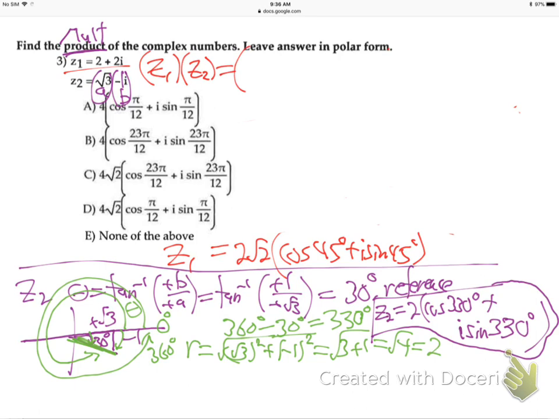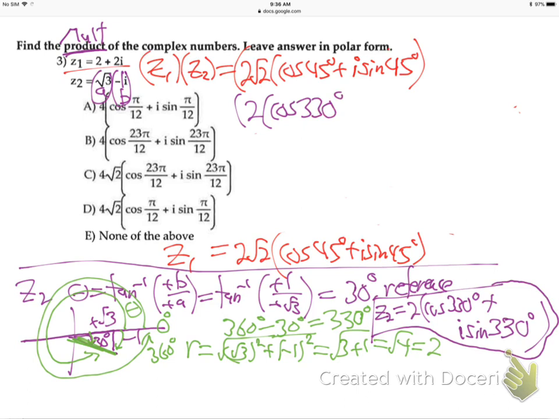Z1 again is 2 root 2 cosine 45 plus I sine 45, multiplied by the other one, which is Z2, 2 cosine 330 plus I sine 330. We're multiplying those two together in their polar forms.